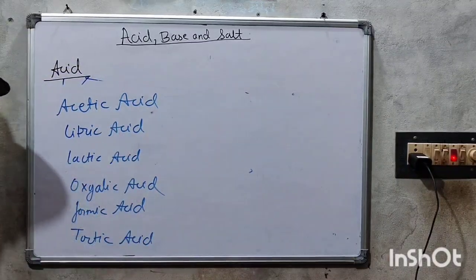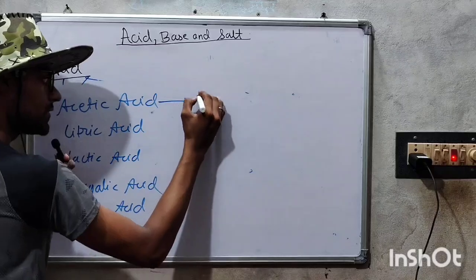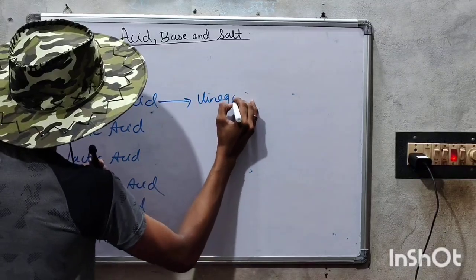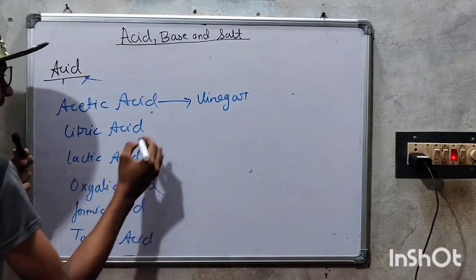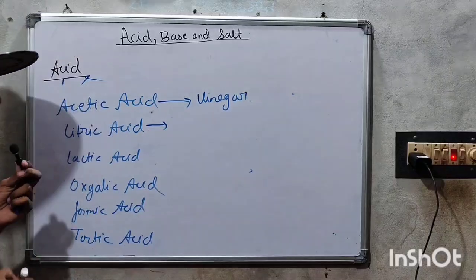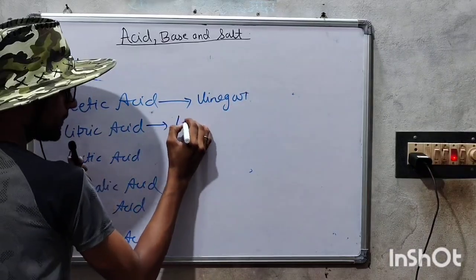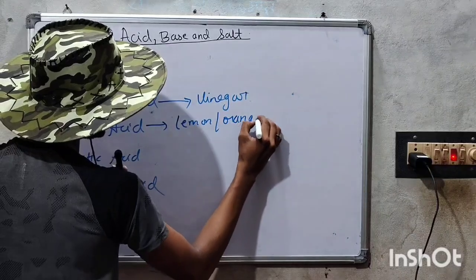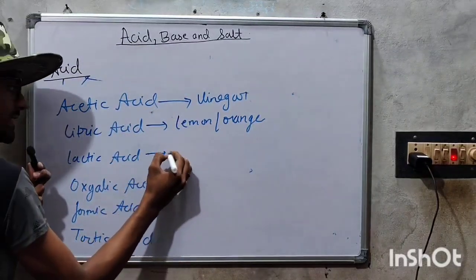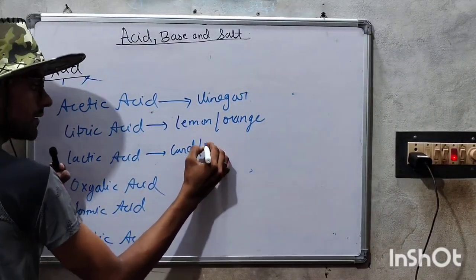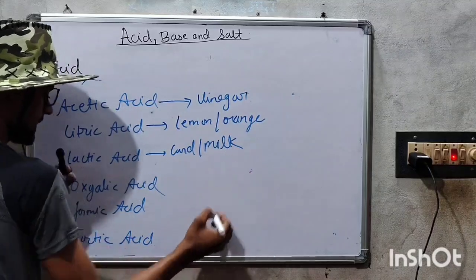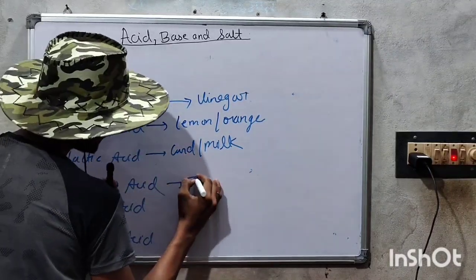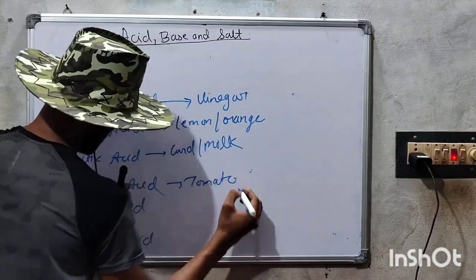Acetic acid is found in vinegar, and citric acid is found in lemon and orange. Lactic acid is found in curd and milk, and oxalic acid in tomato.